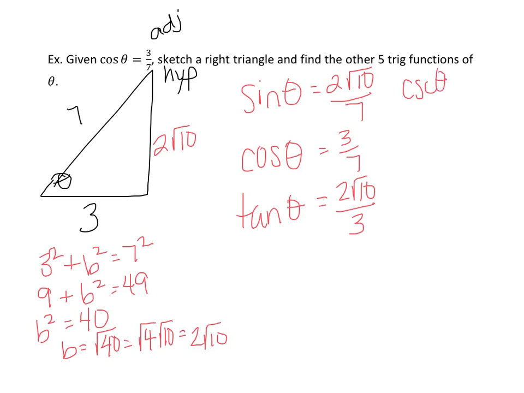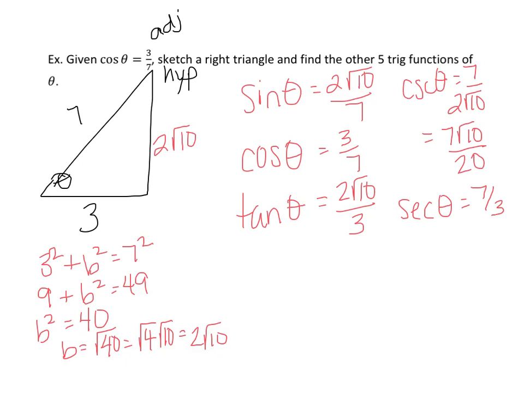Cosecant theta, 7 over 2 radical 10, which means I'm going to have 7 radical 10 over 20. Secant theta would be 7/3. Again, that one should be a gimme. It gave you this one, so you should definitely get this one right.